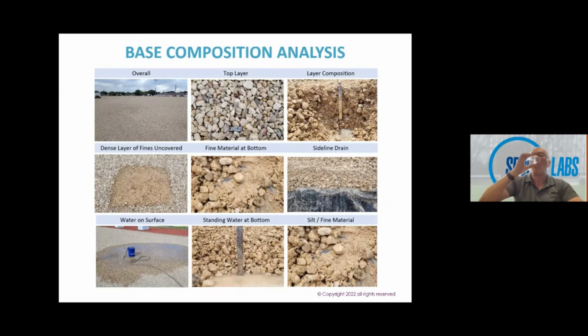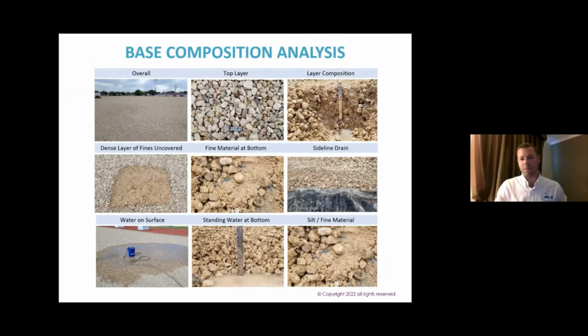As these fields age, they come across different conditions, especially with different climates. A field in West Texas, for example, might be affected by dust that then filters down into the base. And this might be an example of one here, where you've got a top layer that looks nice and clean. As you dig in a little bit, and this is a field that's probably 8 to 10 years old, you find it's all choked up with some fine materials.